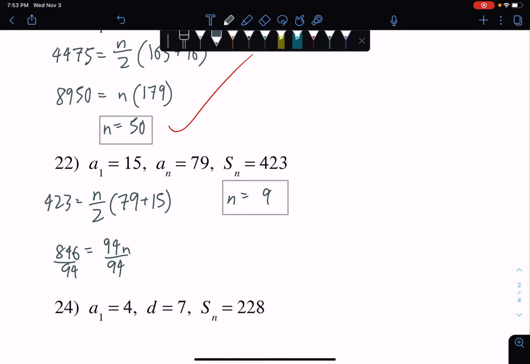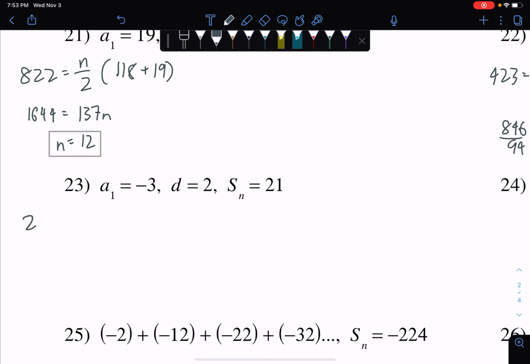Let's move to number 23. Now, 21 is equal to n over 2 times the quantity... Oh wait, hang on. This time we have our d, but we do not know what our a sub n is. In this case, I think we are going to use the longer formula.